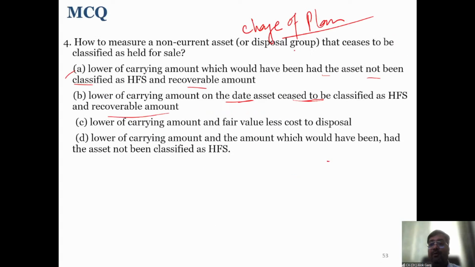We have to compute that, right? So this is not right. Lower of carrying amount and fair value less cost to sell: this is not right. This is right in case of classification as NCHFS, not at the time of change of plan. Lower of carrying amount and the amount which would have been had the asset not been classified as HFS. So what is the right answer? A is the right answer.